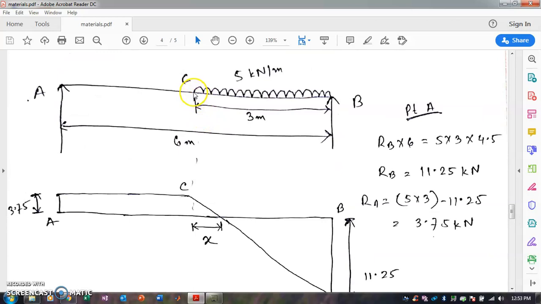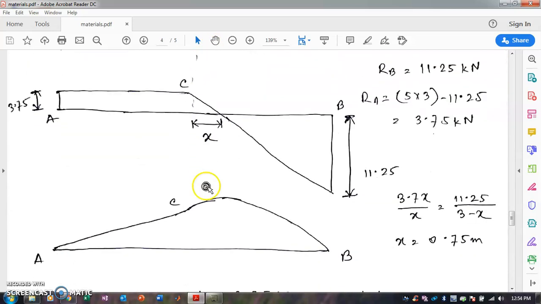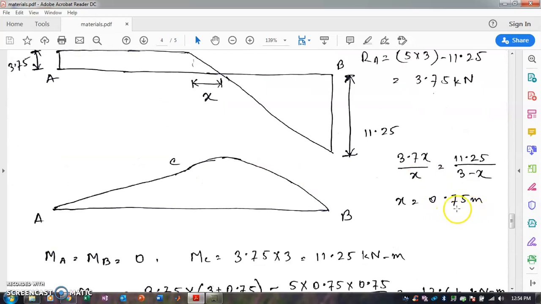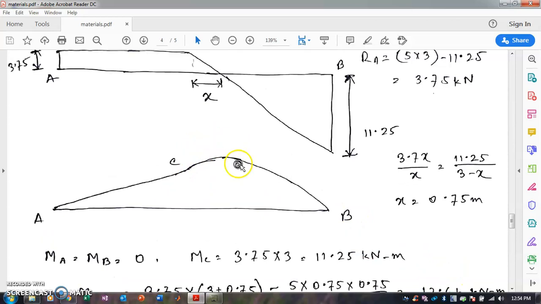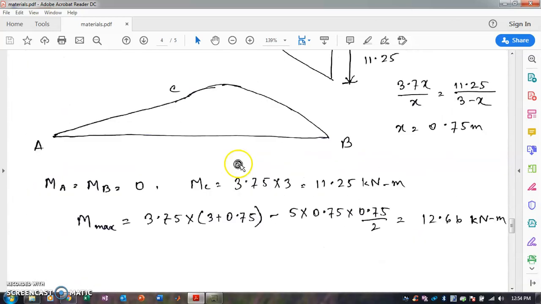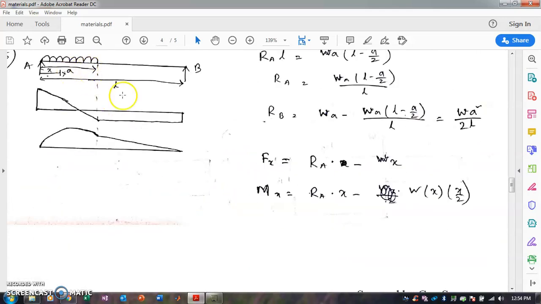The force is 5 into 0.75, and the distance is at midpoint, so 0.75 by 2. So 5 into 0.75 into 0.75 by 2, so it is 12.6. It is the maximum bending moment here. The rest is a parabola, like the shape of this UDL will be a parabola like the previous problem.